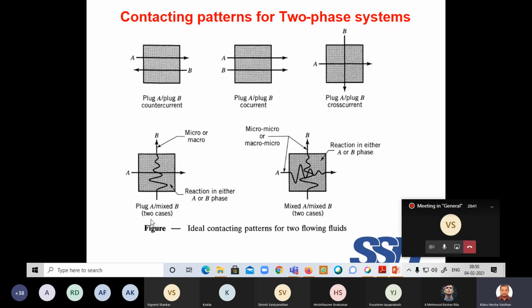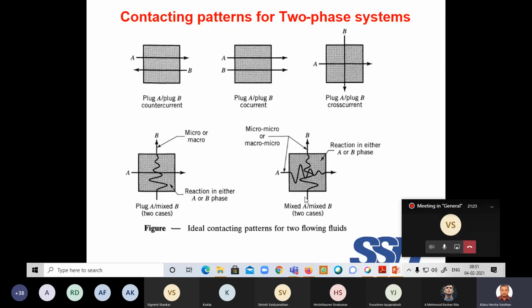So two cases will come here. Or you can have both A and B mixed. Again, in mixing, one can be micro mixing or the other can be macro mixing. So again two cases will come here. So overall 3 plus 2 plus 2, a total of 7 cases will come.